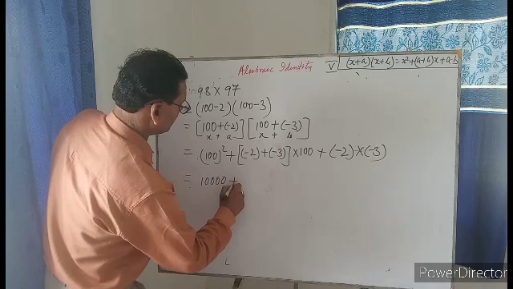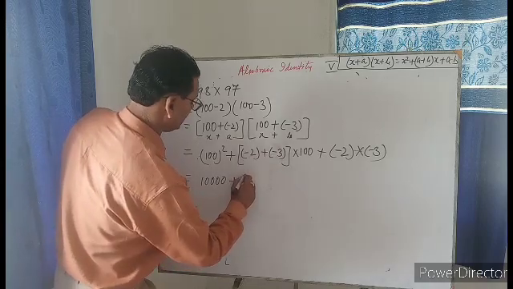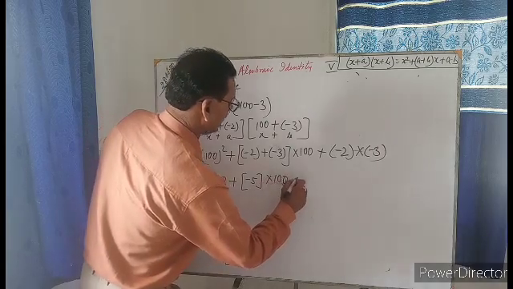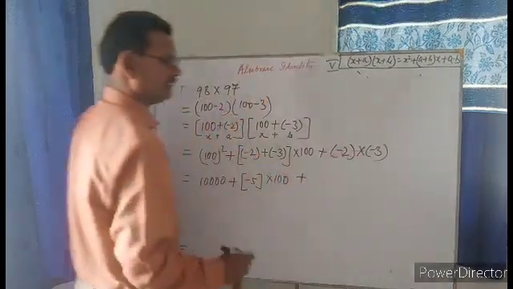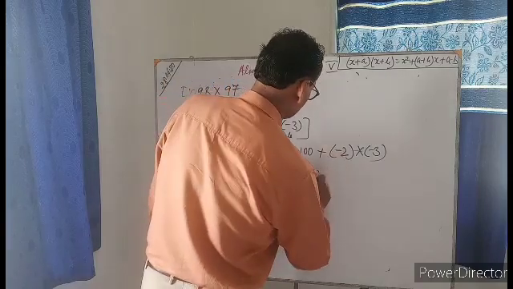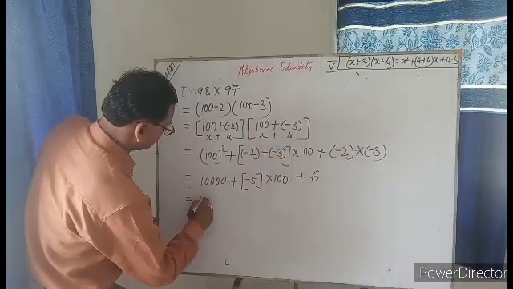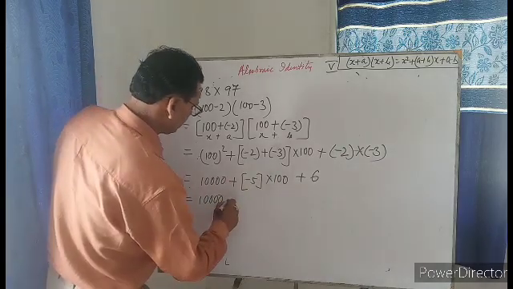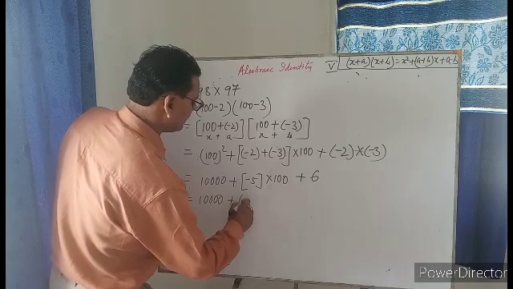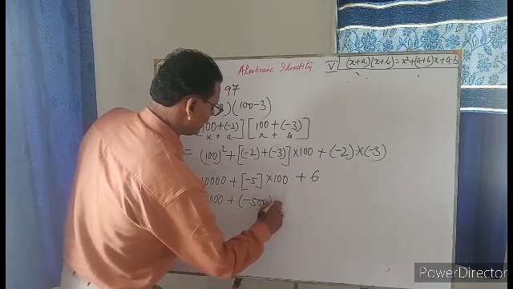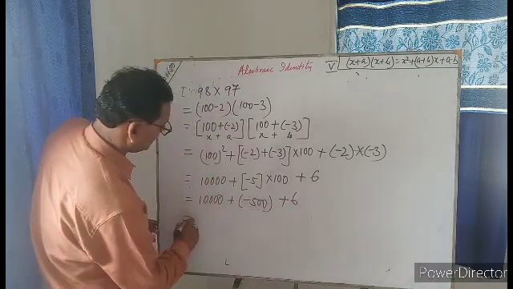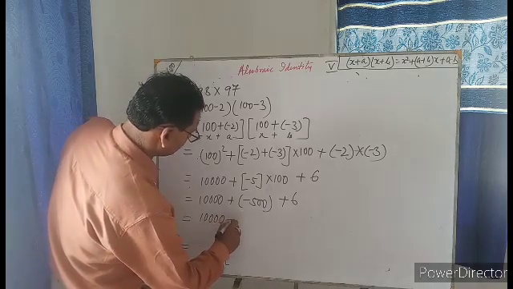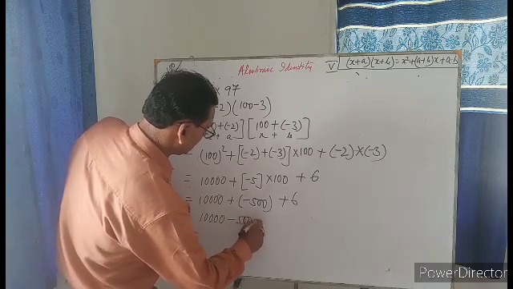Now see here what will happen. Minus 2 and minus 3 is equal to minus 5, into 100, and here minus 2 into minus 3, minus minus plus, plus 6. So again it is 10,000, and here minus 5 into 100, what will you have? Minus 500, plus 6. This will give you 10,000 plus minus 500 and plus 6.